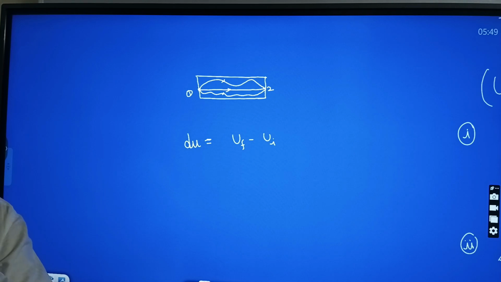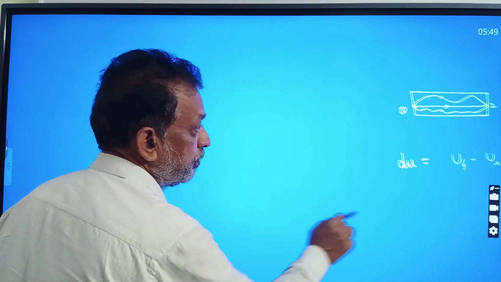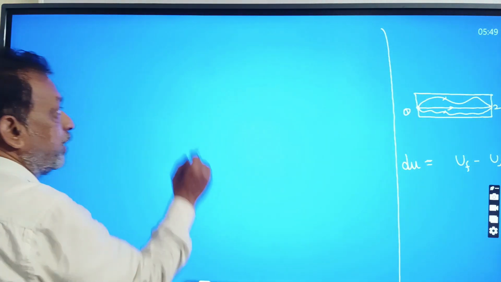Please underline point function. Next, take the problems.